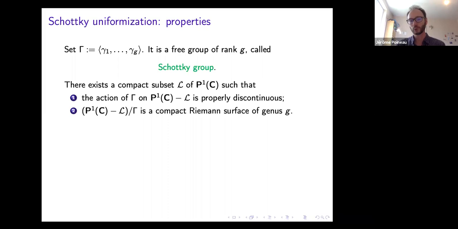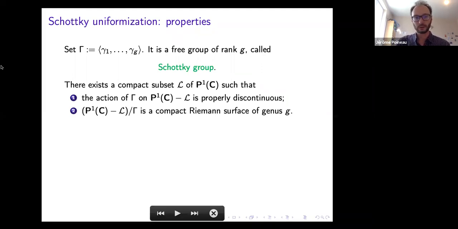And that's what we call a Schottky group. There are important properties. The first is that there exists a compact subset, which is what remains when you remove all the smaller and smaller disks that we had before. It's a compact set, and the group Gamma acts on the complement of this compact set in a properly discontinuous way. And the quotient is a compact Riemann surface of genus g.